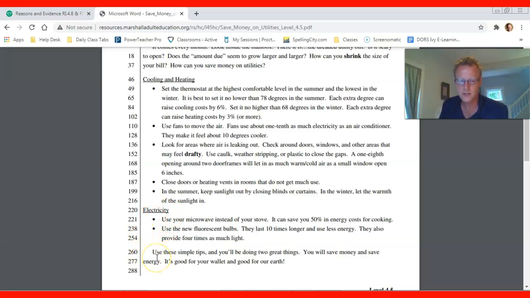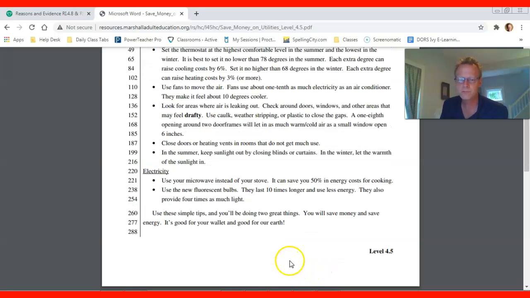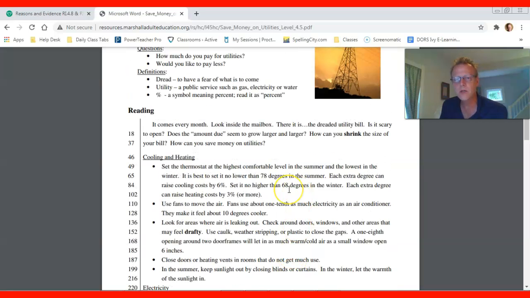He says, in conclusion, use these simple tips and you'll be doing great things. You will save money and save energy. It's good for your wallet and it's good for our earth. Okay, so that's just how you can quickly capture what something's about.